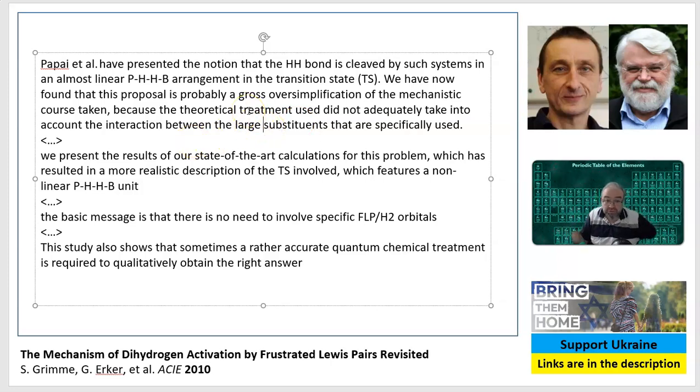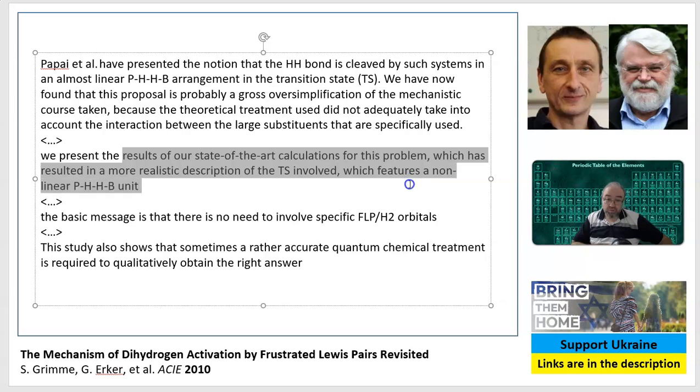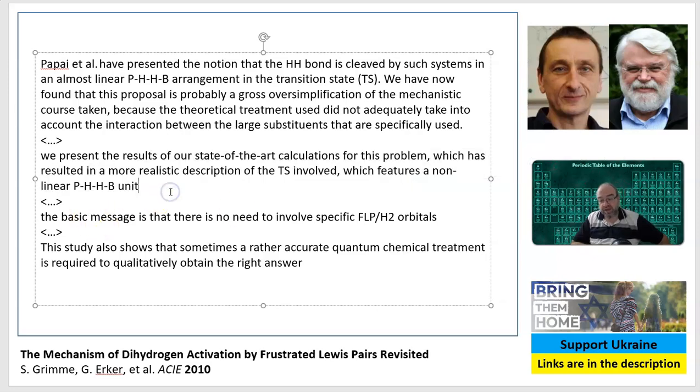Okay, so the next thing they write: we present the results of our state-of-the-art calculations for this problem, which has resulted in a more realistic description of the transition state involved, which features a non-linear arrangement. Okay, we understood that. And the basic message is that there is no need to involve specific FLP H2 orbitals. So this goes completely against my logic, my knowledge of chemistry.